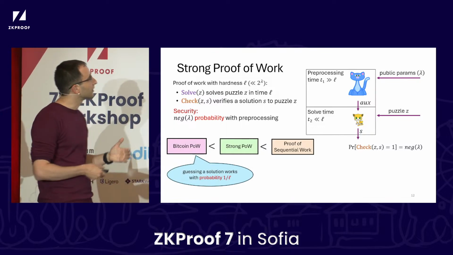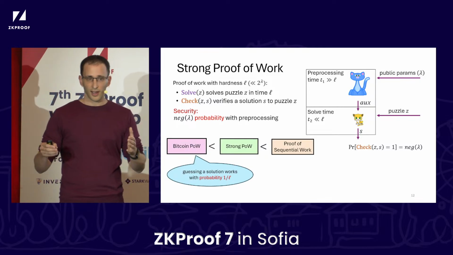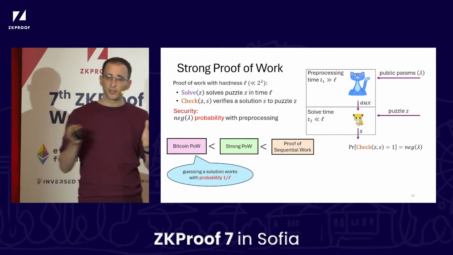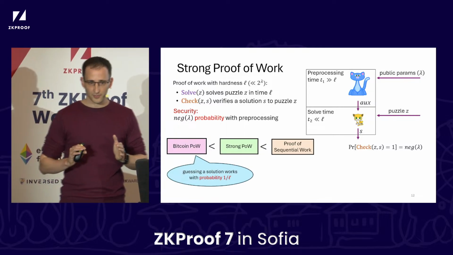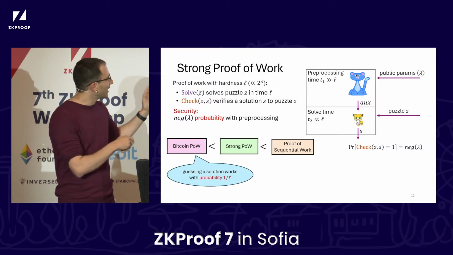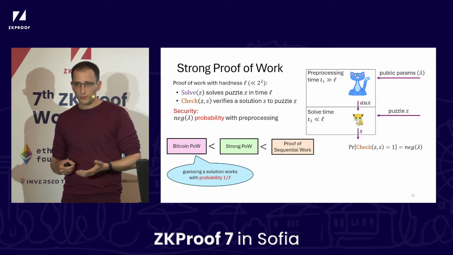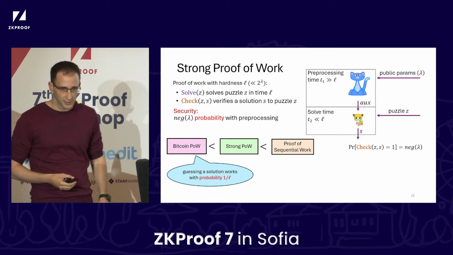And we want that if you run in time less than L, your probability is negligible. I don't want you to succeed with probability 2 to the minus 20. If you didn't run in enough time, your probability is 2 to the minus 100. So it's a stronger notion than the Bitcoin proof of work, but it's a weaker notion than the proof of sequential work, which is weaker than verifiable delay functions, VDFs.